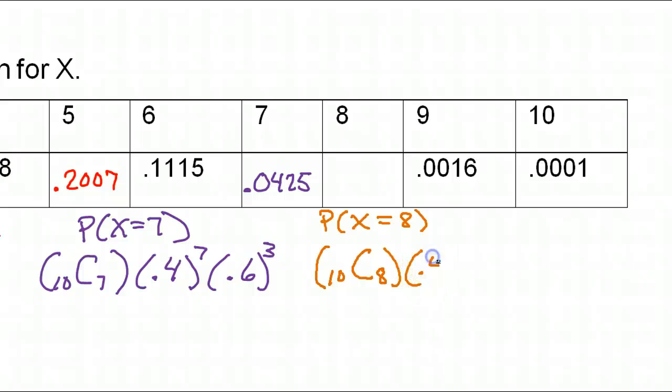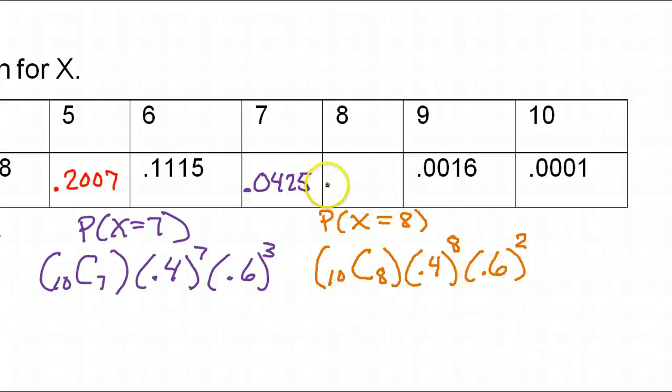Alright, probability of success, 40%. Number of successes, 8. These are always the same. Probability of failure, 0.6. The number of failures, well, we need a total of 10. If I have 8 successes, that means 2 failures. And then you just put this in your calculator.